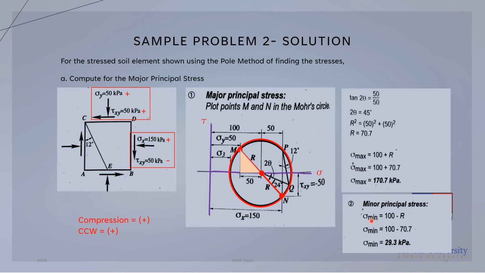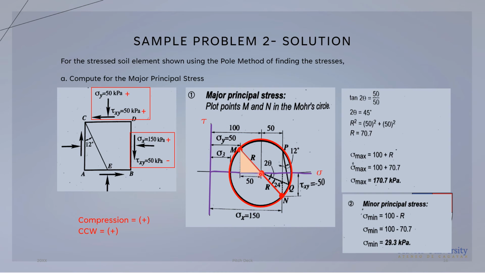So now, the next is the minor principal stress. So ang minor principal stress is the nearest point from the origin in the Mohr circle. So, mo ni siya, no? This is the origin. Ang iyang pinakaduol nga point sa Mohr circle is this one, no? Or that is 100.